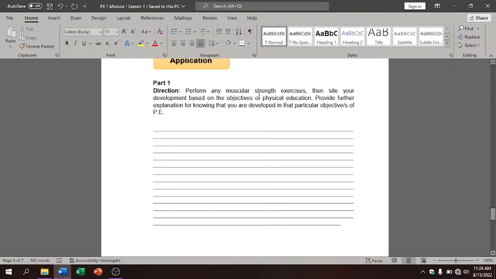perform any muscular strength exercises, then cite your development based on the objectives of physical education. Provide further explanation for knowing that you are developed in that particular objective of PE. So, perform any muscular strength exercise. What is a muscular strength exercise?